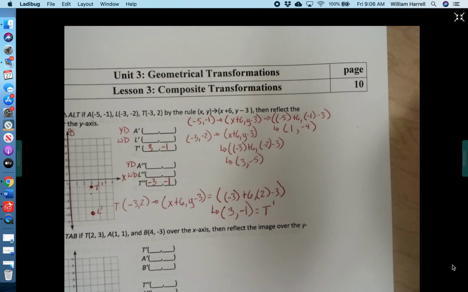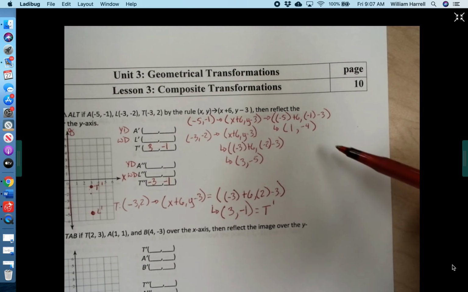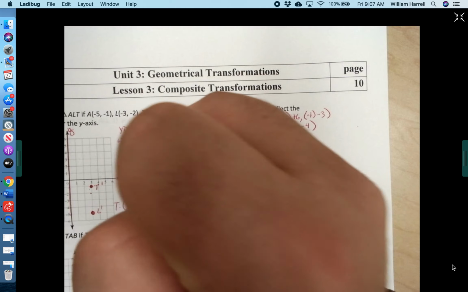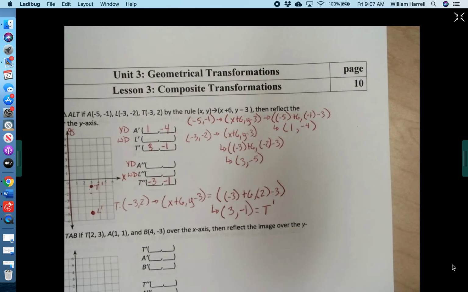That's what makes these hard as translations, is that there's adding and subtracting, and sometimes we have to subtract negatives. After I get my image, it becomes (1, -4).